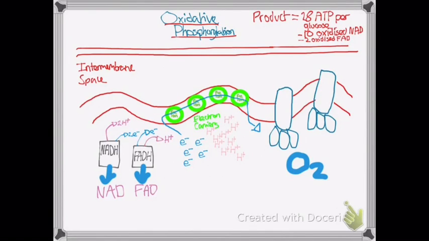Okay, this energy allows the pumping of hydrogen ions through the electron carrier proteins into the intermembrane space. Okay, so the electrons generate the energy for hydrogens to be pumped through.